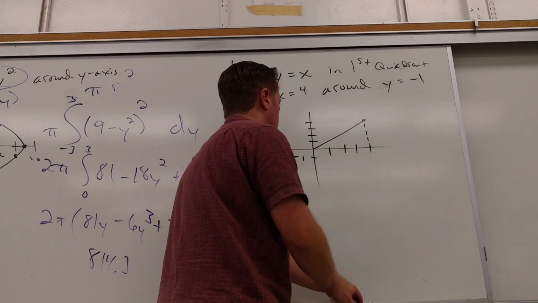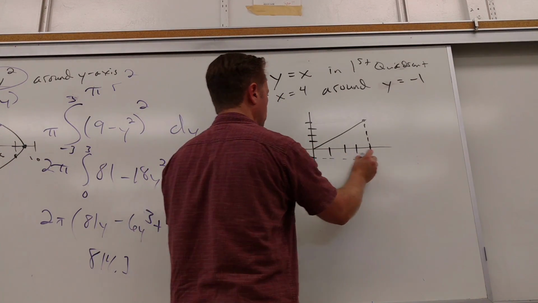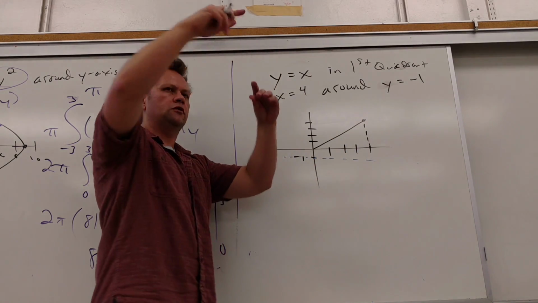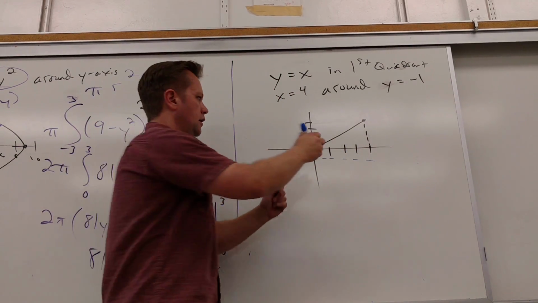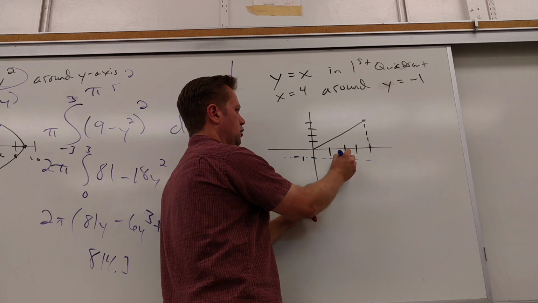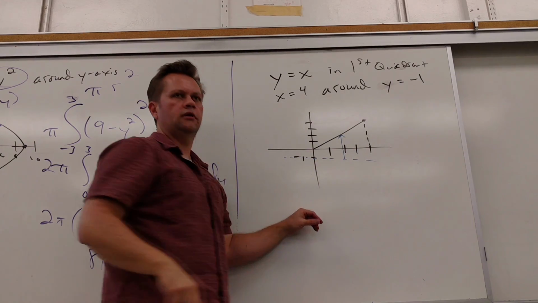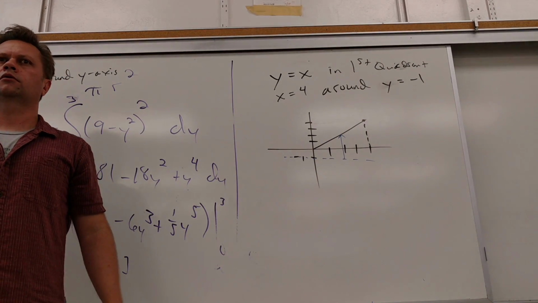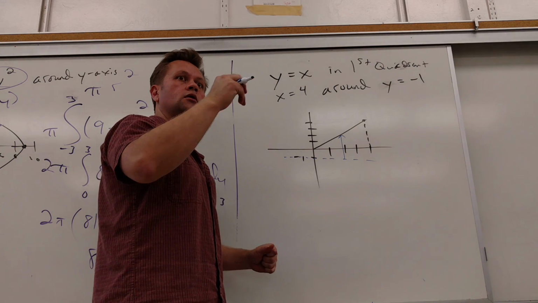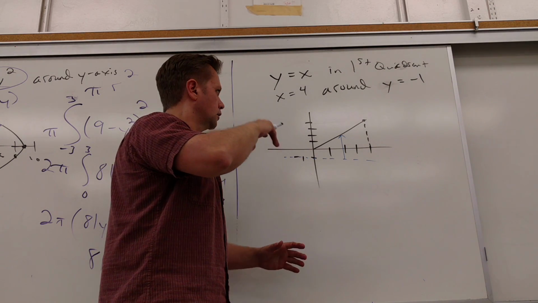What's my radius going to be? So here's my axis. I don't even have to do this, I was just doing that to see if it would help you see the rotation. But the radius is going to start at the axis and go till it hits the outer edge. Wouldn't it be x minus 1?